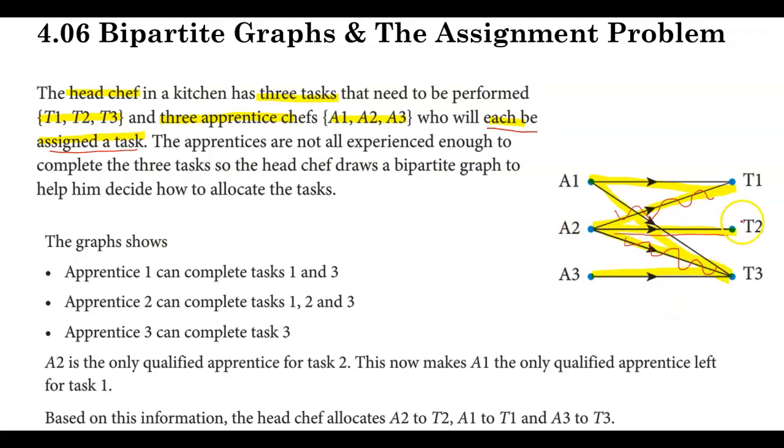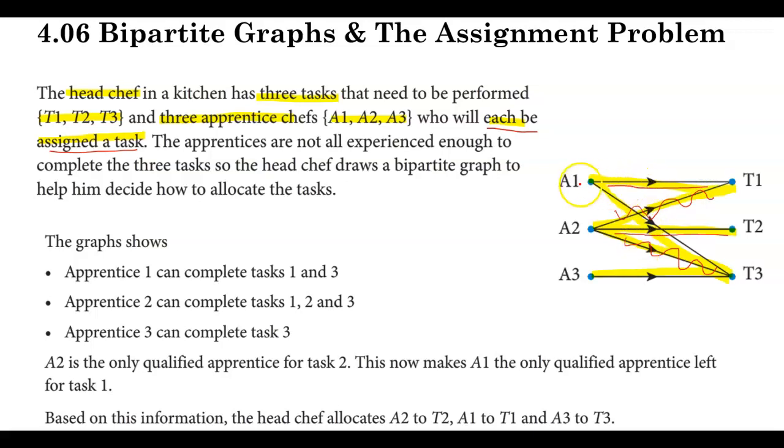Okay? Then we'll look at task 1. Because apprentice 2 is busy doing task 2, task 1 is basically left only for apprentice 1 to do. So that means apprentice 1 will perform task 1.